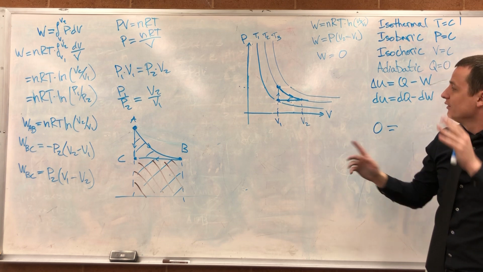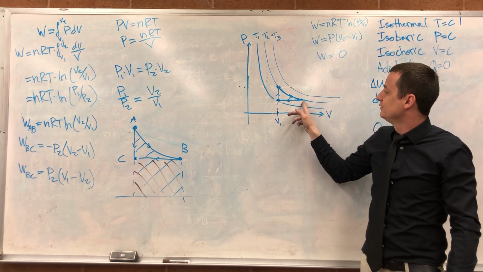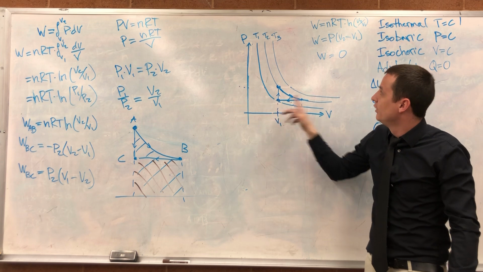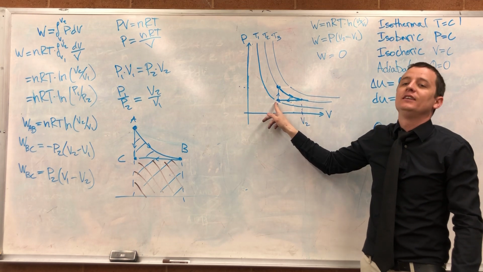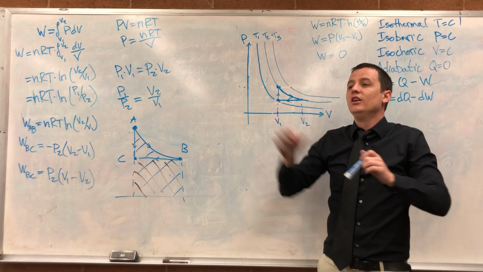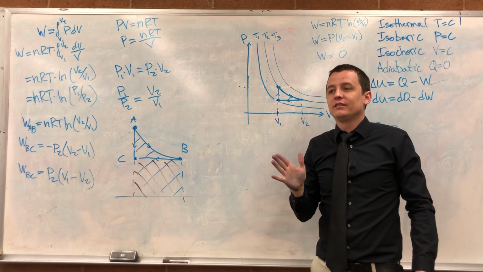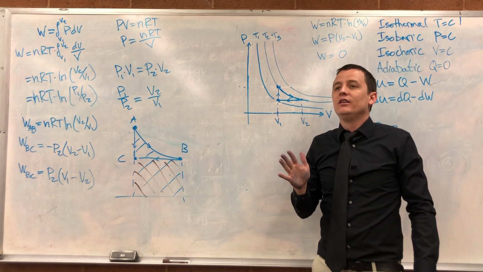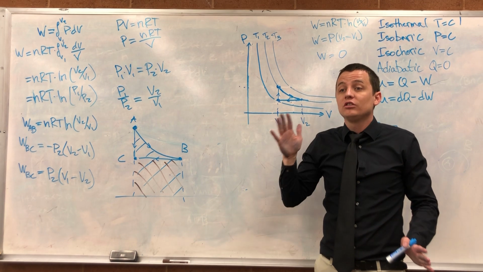So, letting a gas cool down from temperature 2 to temperature 1, keeping it at a constant pressure. Here's maybe the way I can say it. The lower the pressure is in a system, the easier it is to change its temperature.